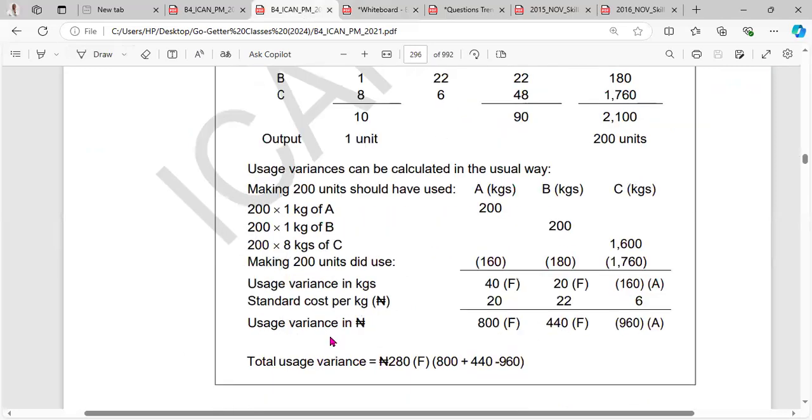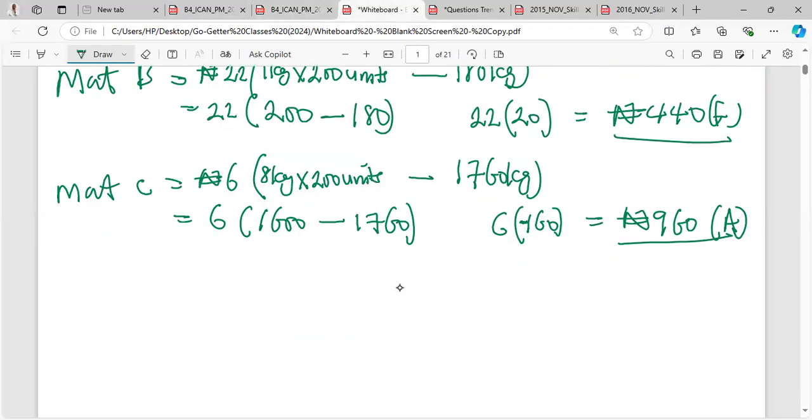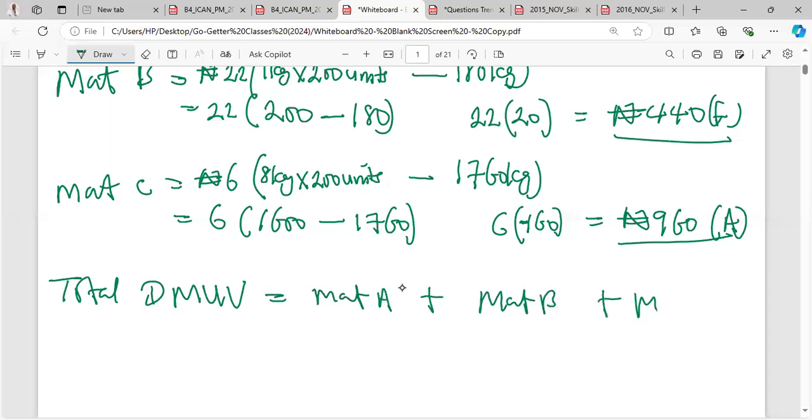Now, if you want to check the total usage variance, total direct material usage variance is material A plus material B plus material C. Of course, material C here is 960 adverse.